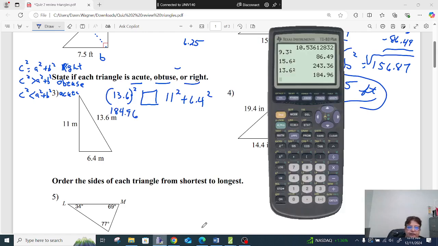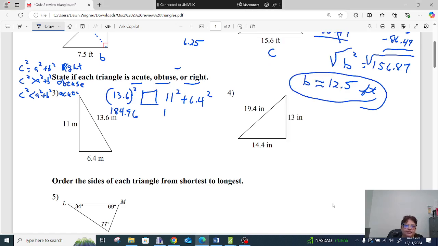Over here, 11 squared plus 6.4 squared. You could actually just put it all in like that. Is 161.96. So this is bigger, right?